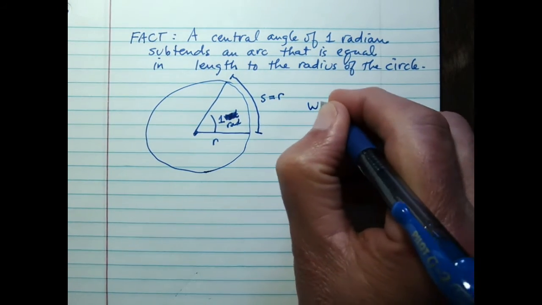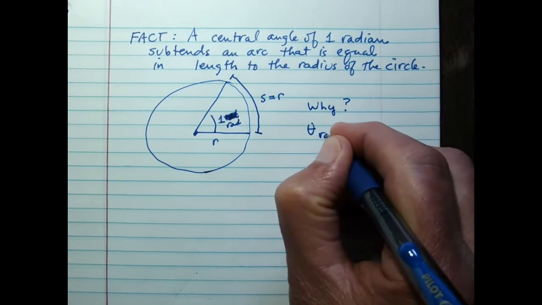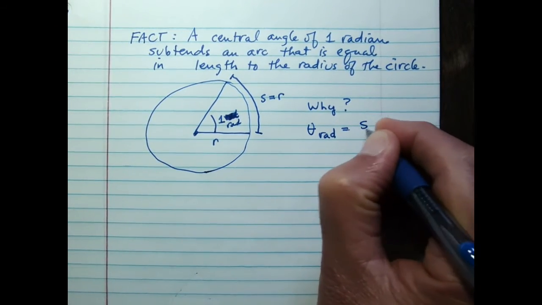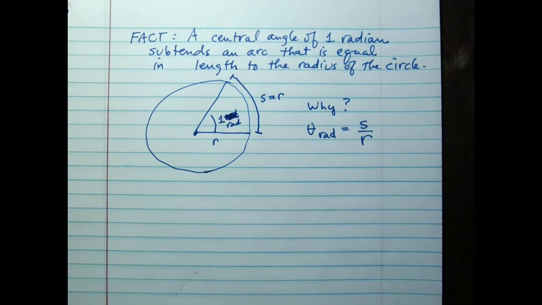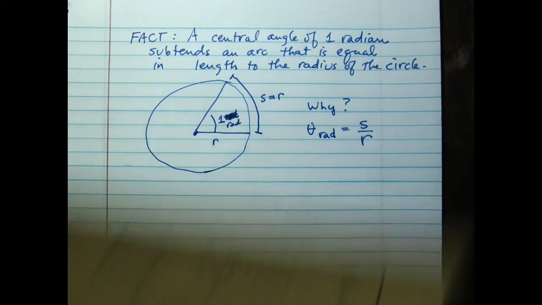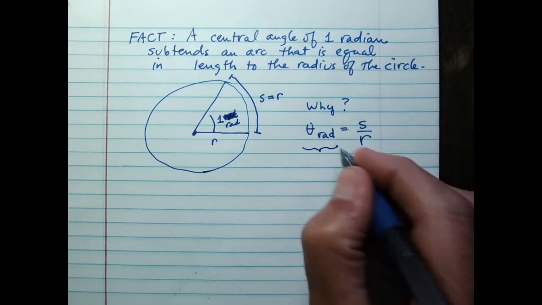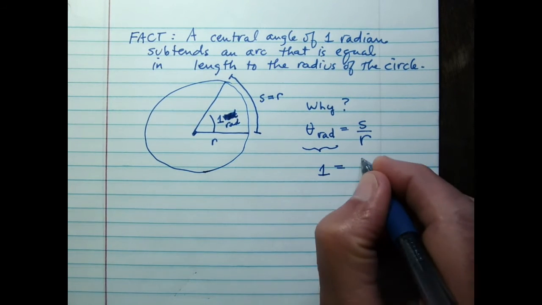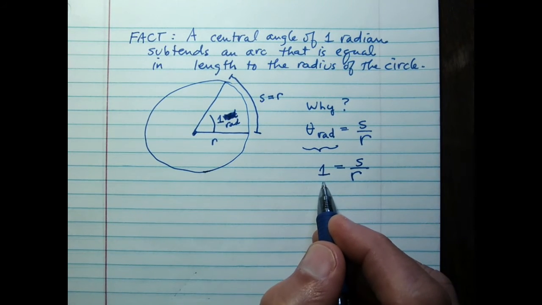So why is this true? Well, remember how theta in radians is s over r. That's on one of our cards. Here it is, my yellow card. So theta in radians is s over r. If we know that theta is 1, then 1 is s over r, and this equation takes this special form.